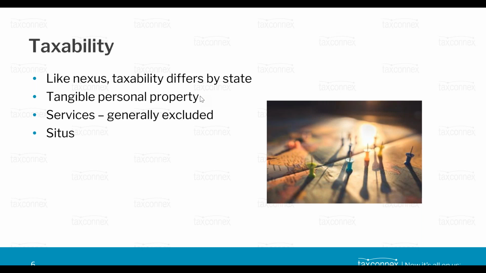When we get into services, that starts to get a little bit more ambiguous to some degree, particularly when you're dealing with technology. SaaS, software as a service, is a great example of this. I may invoice a customer in New York City for 100 seat licenses for a SaaS product, a cloud-based software service.